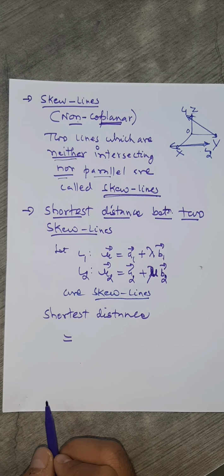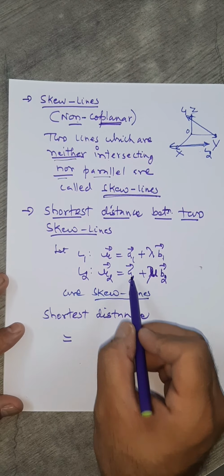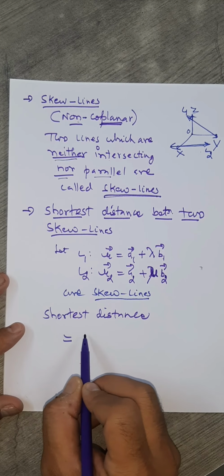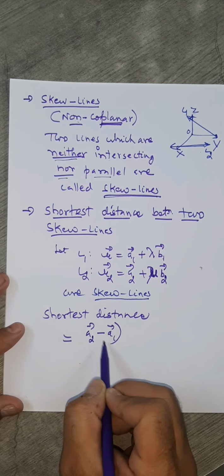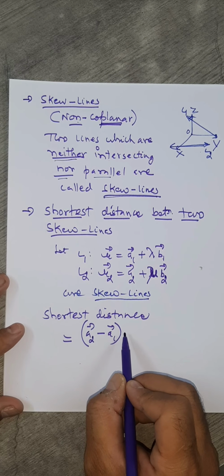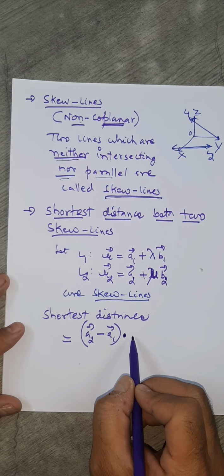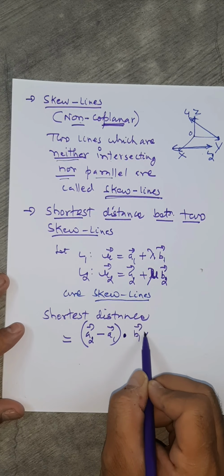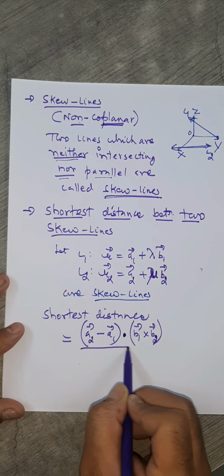The difference between these two, vector A2 minus vector A1, dot the cross product of the two directions, B1 cross B2, upon its magnitude.